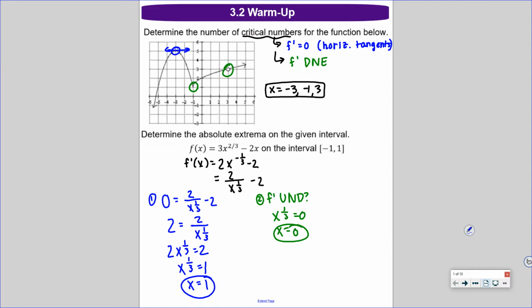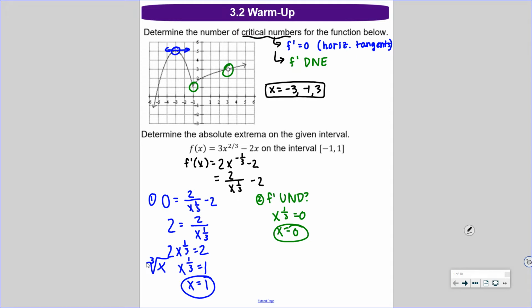If it helps you with rational exponents to write them as radicals, that's really like a cube root of x. If that helps you to algebraically solve it, you can do that. I just keep everything rational exponents. And then I also had a point where my derivative was undefined or didn't exist, and that was when my denominator was 0, and that'd give me an x value of 0. Both of those are in my interval.